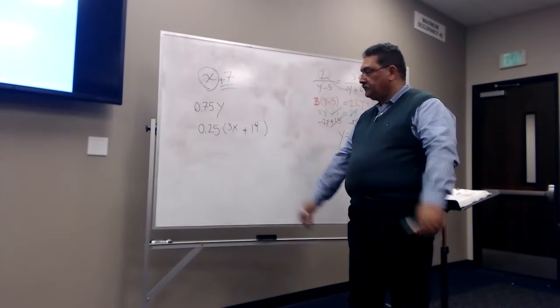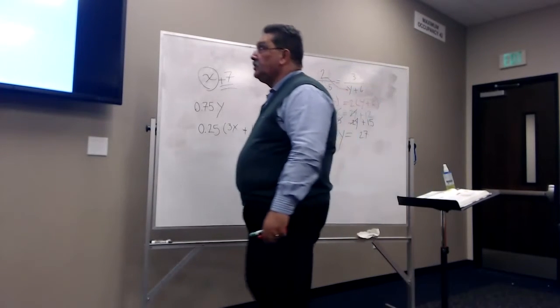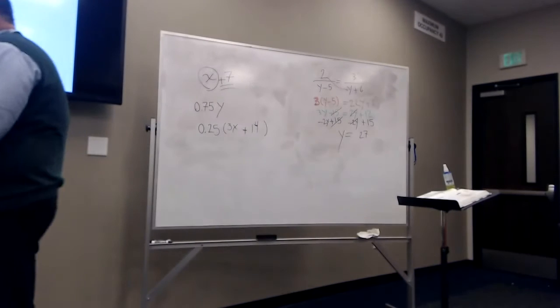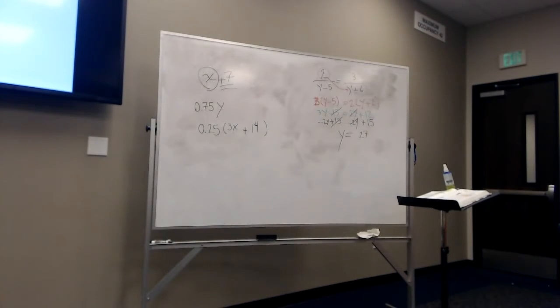So this is how you translate, and that's where algebra is used to model real life problems. Steps to solving word problems. Read the problem carefully, at least twice, to be sure that you understand it. If possible, draw a sketch to visualize the problem. Then determine which quantity you're being asked to find.